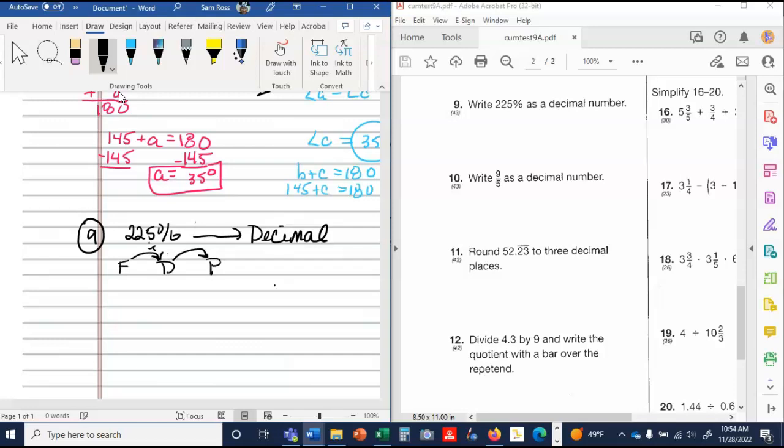To go from decimal to percent, I multiply by 100. To go from percent to decimal, I divide by 100. And to go from decimal to fraction, I look at the place value. So 225%, which is 225 divided by 100, is equal to 2.25. And that is my answer.